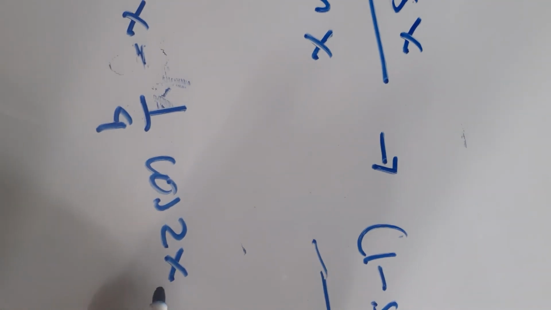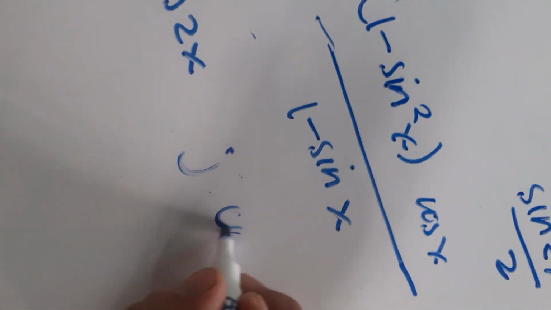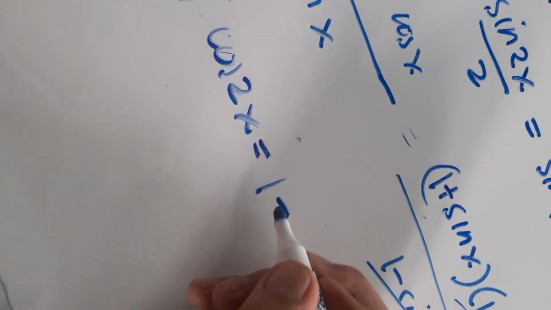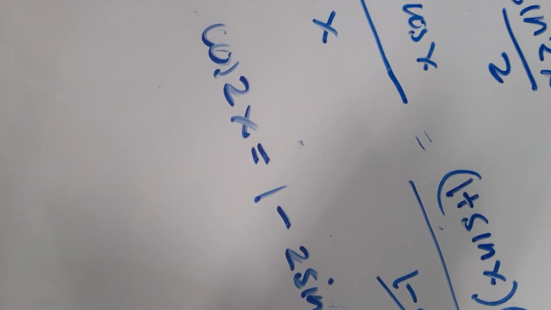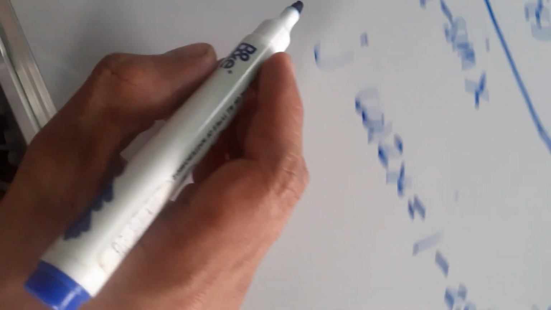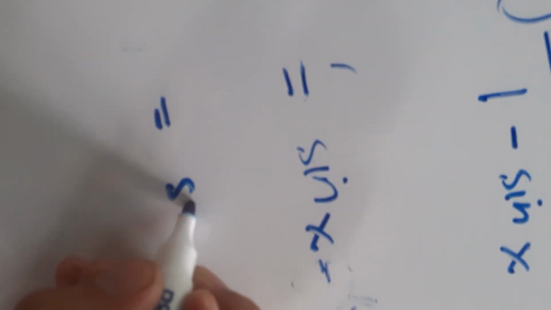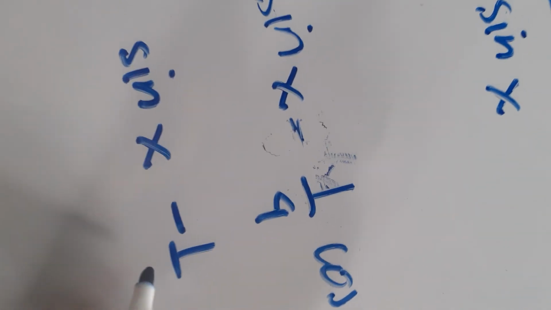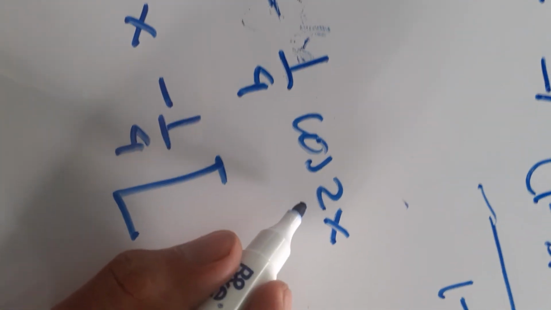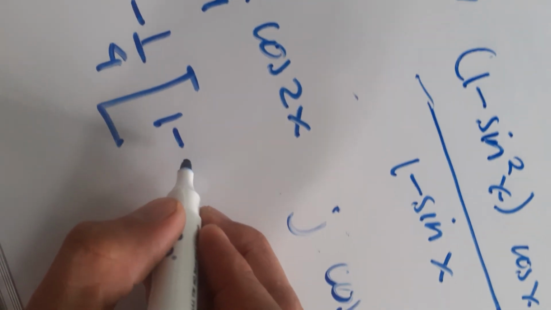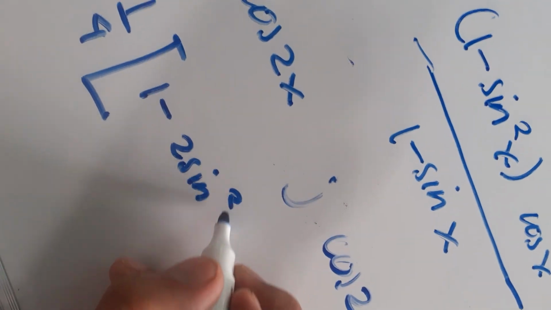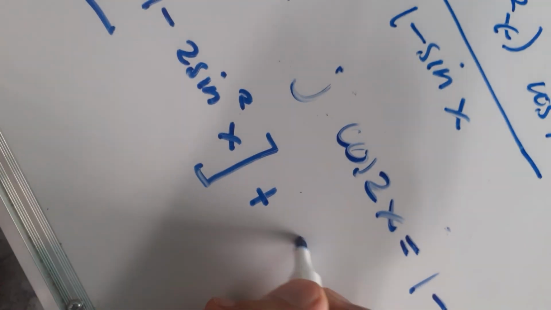So cos 2x is actually equal to 1 minus 2 sine squared x. So we can write this term as 1 minus 2 sine squared x. So we have sine x minus 1/4 multiplied by 1 minus 2 sine squared x, plus c.